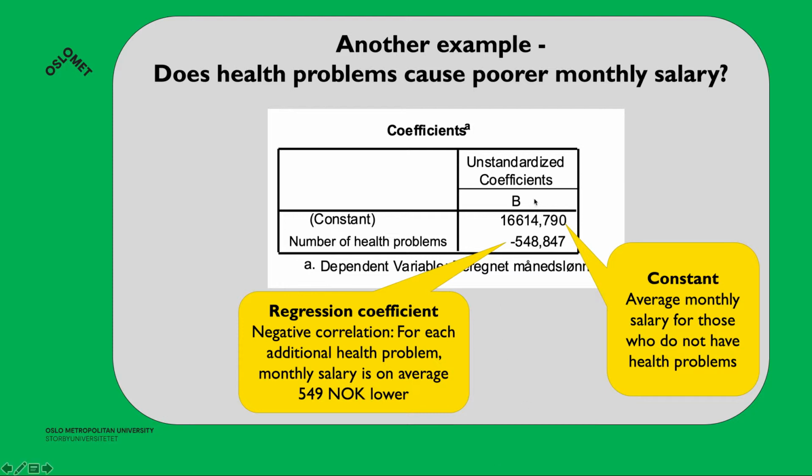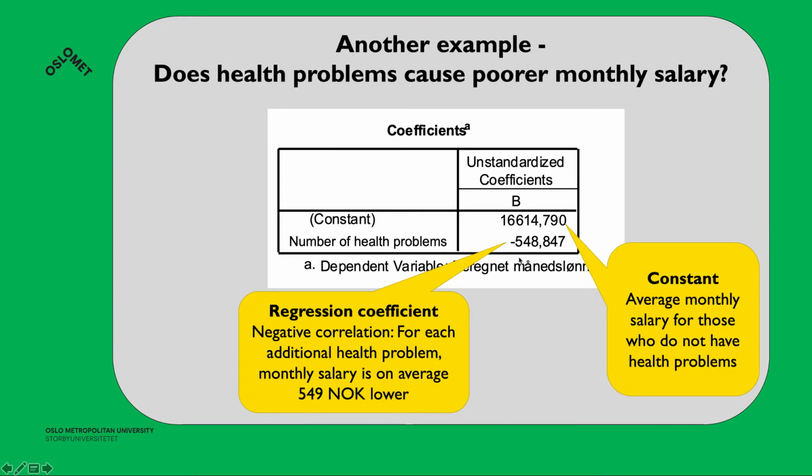Well, this is the constant. This is the average monthly salary for those who do not have health problems. And in this example, we can actually interpret the constant in a meaningful way, because having no health problems, zero health problems, is a meaningful value on the independent variable.